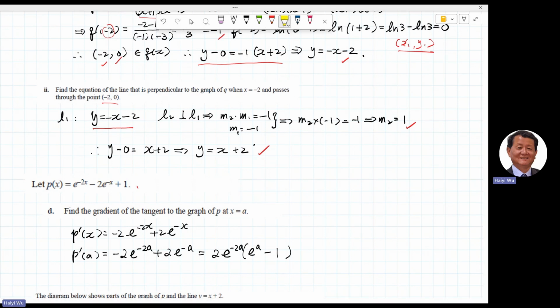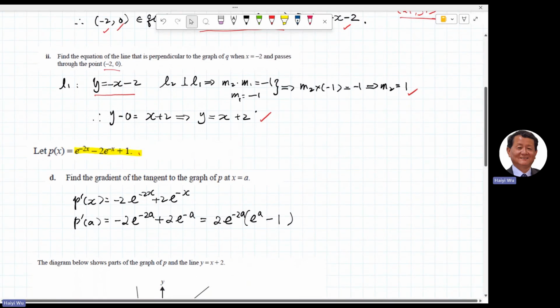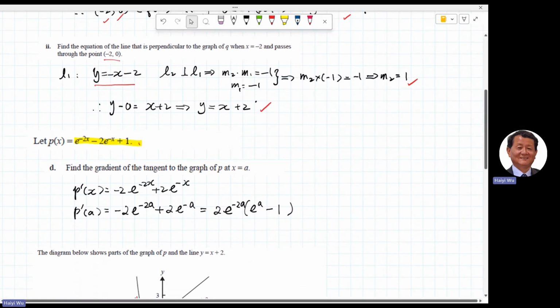This is the one I'm going to use for the next question. We have another function called p(x), which is an exponential function. We need to find a gradient; we don't want to find a tangent, we will just find the gradient of the tangent. At this time x is a. So let's do the gradient equation.